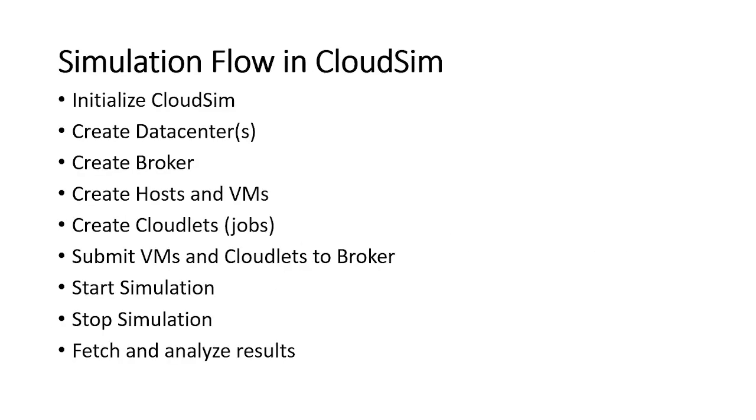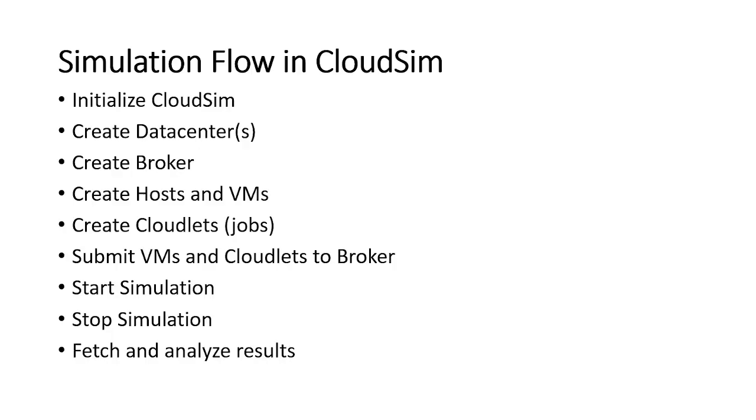The next one is the simulation flow in a CloudSim environment. To begin, you have to initialize the CloudSim environment. You are supposed to set the infrastructure configuration. The infrastructure configuration is creating a data center. You create a broker. You create hosts and virtual machines. You create the cloudlets, the user tasks. You submit the virtual machines, the instances, and the user tasks to the broker.